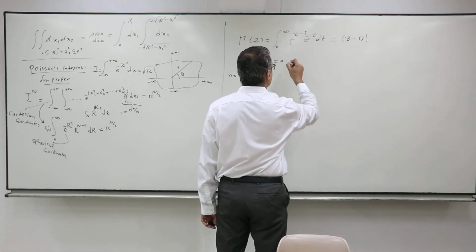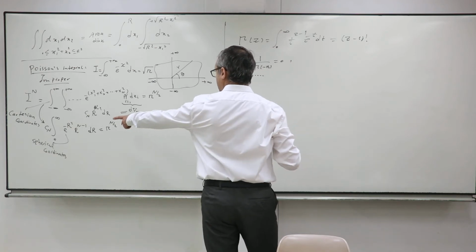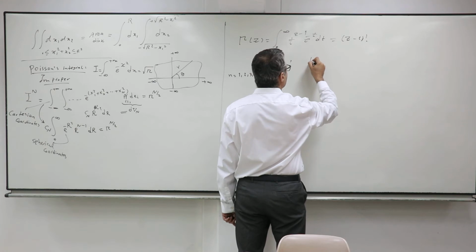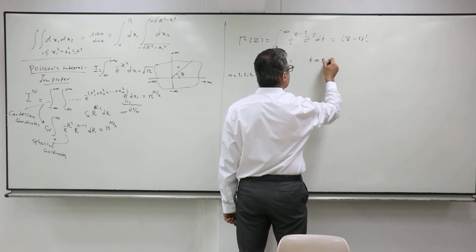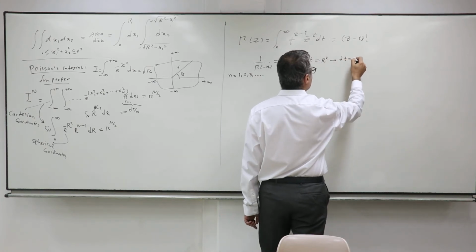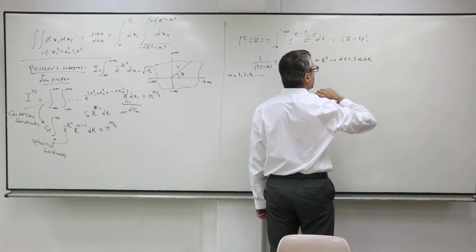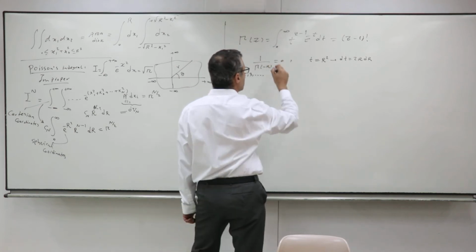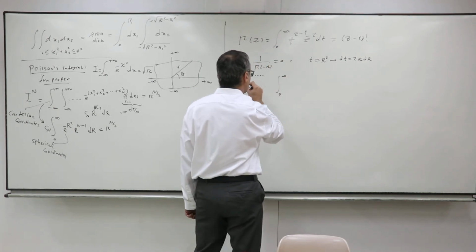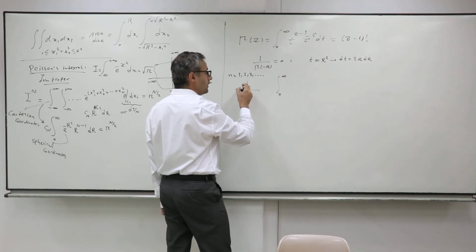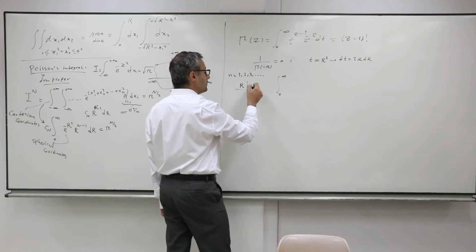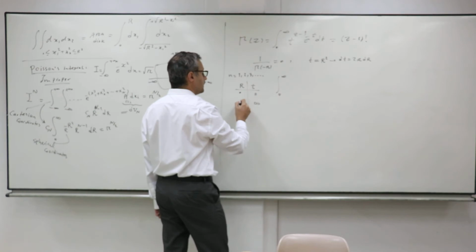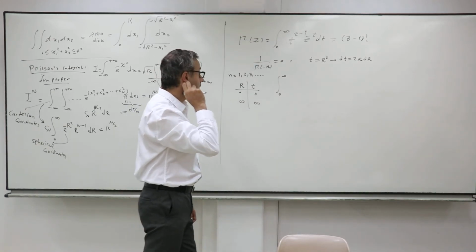For my business, I want to know what this integral is. If you change t to r squared, dt will be 2r dr. You can make this integral change, and the domain doesn't change, from 0 to infinity, the same.